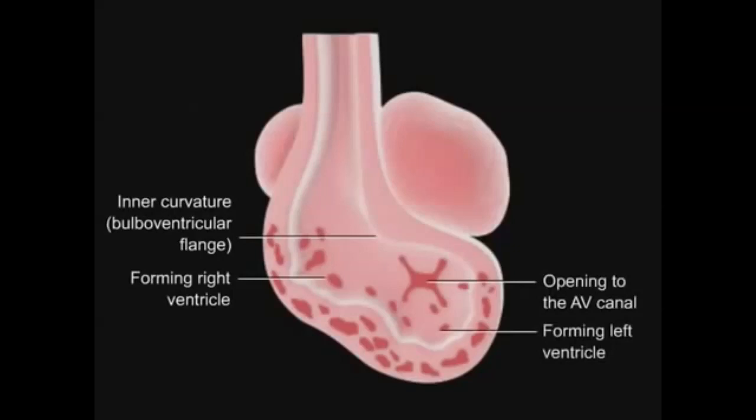And these curvatures are forming the common ventricle, but now it's written that this is the right ventricle. Yeah, but there is no division of the ventricle into right and left sides by any septa. And there is an opening to the atrioventricular canal.